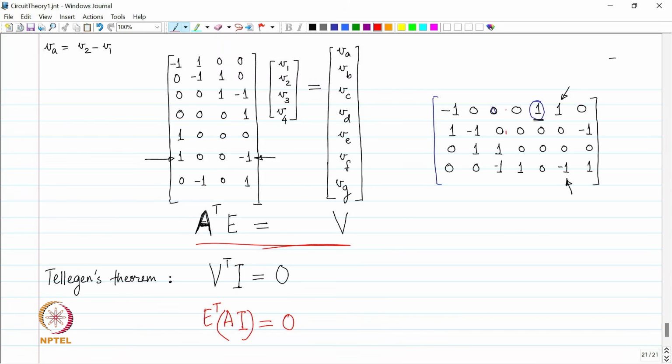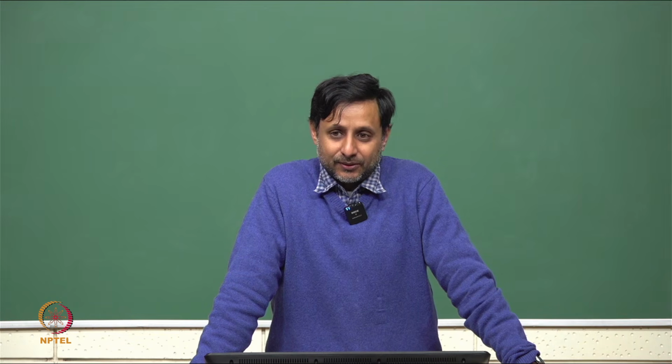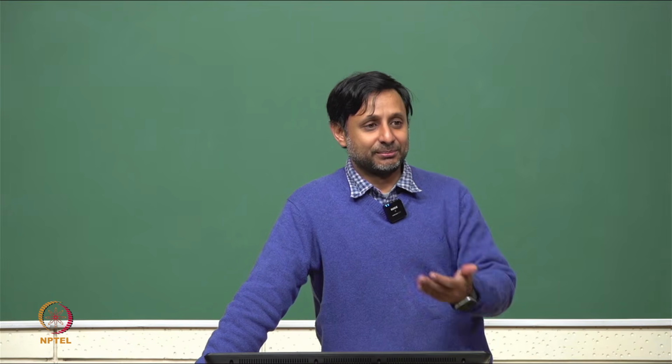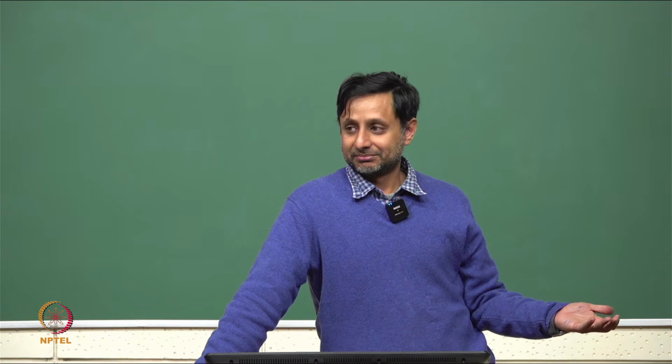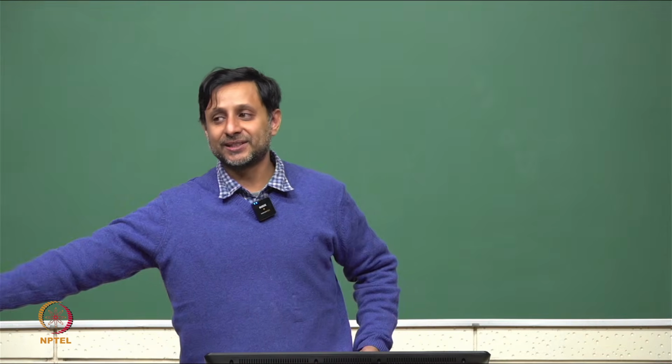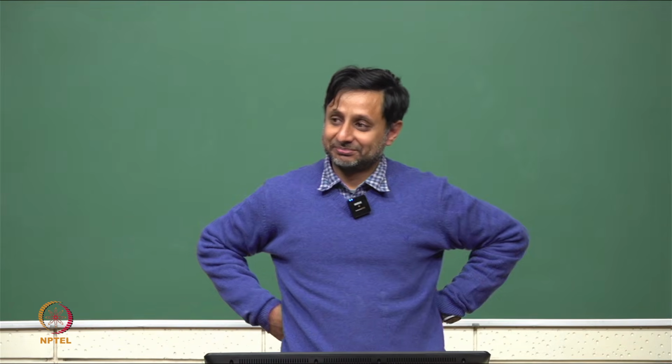Fine, okay, good, because Tellegen's theorem is valid even if the two circuits are different. So, I could measure the voltages on one circuit, and I could measure the currents on some other circuit and take the dot product of them.